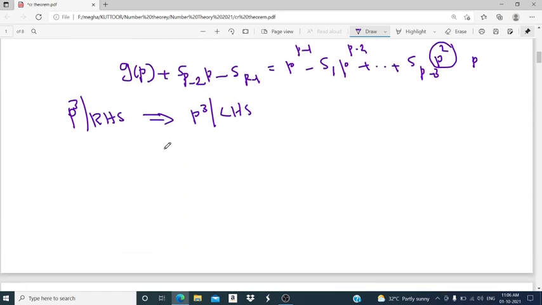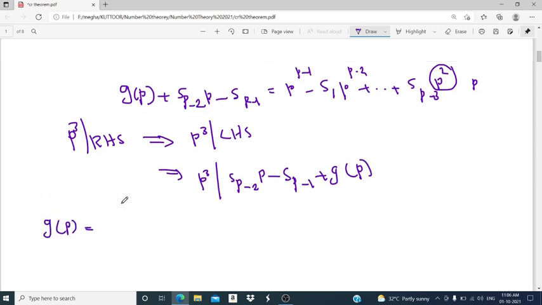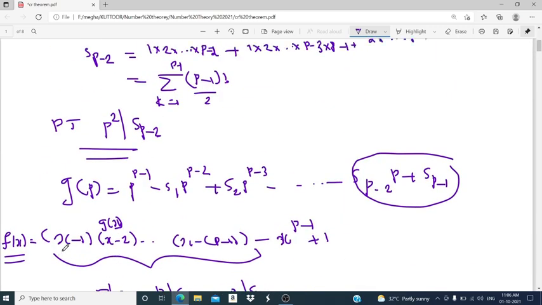That is, p cube divides s_{p-2} into p, minus s_{p-1}, plus g of p. Now let's check what g of p is. g of x is nothing but x minus 1 into x minus 2 into etc. x minus (p minus 1).